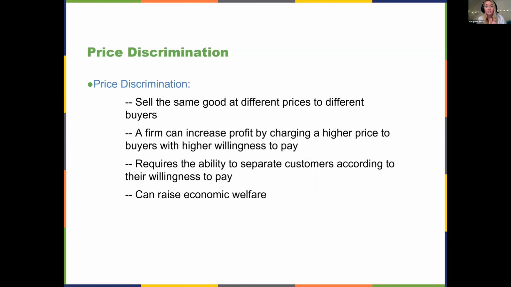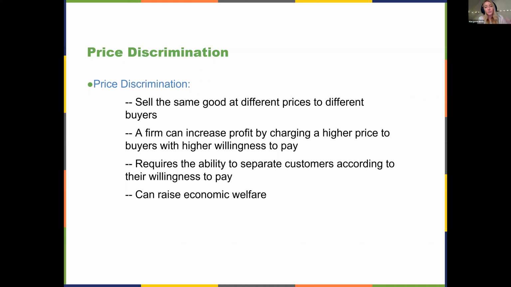And if there was a business that is selling coffee in town, and if they're able to somehow infer that I have a high willingness to pay for coffee, they could potentially charge me a higher price for coffee versus someone else who may not have a high willingness to pay for coffee and charge them a lower price.